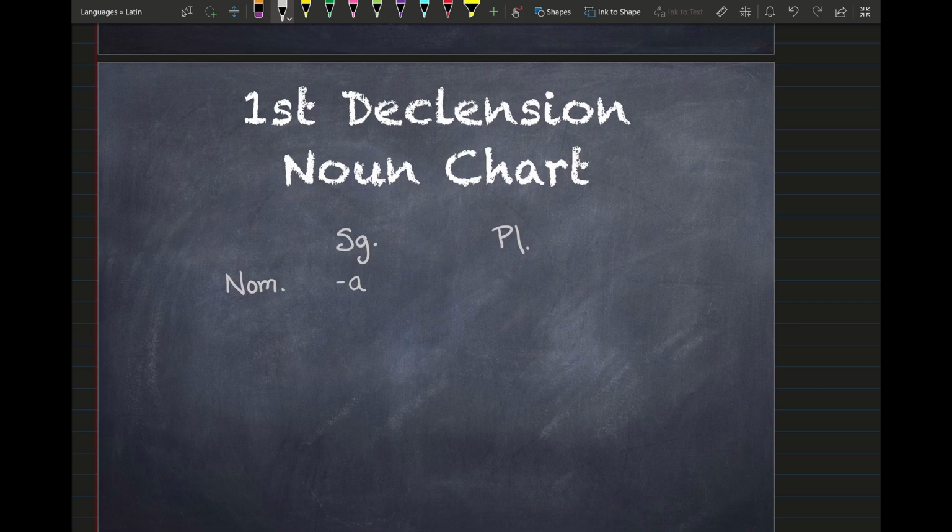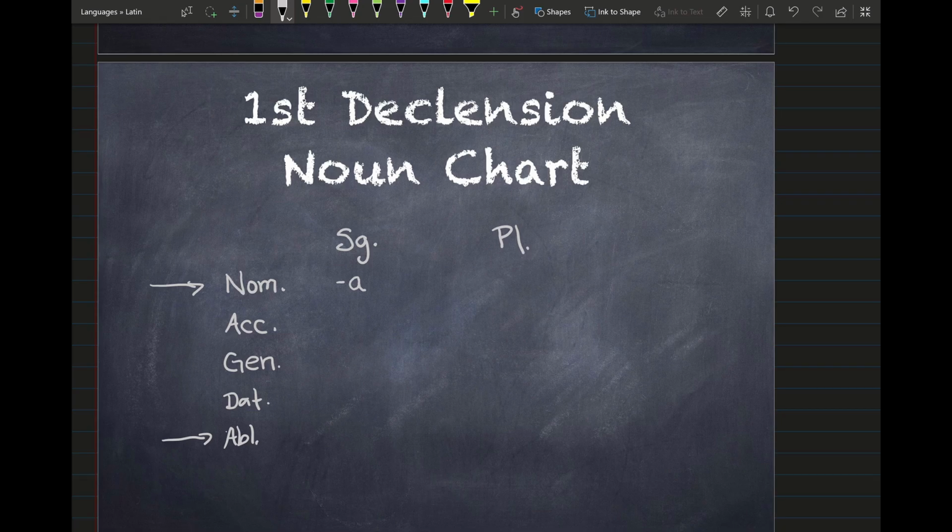So if we were to make the chart the way Orberg does it, it appears as follows. So the ones we're concerned with, again, are ablative and nominative. These others in the middle will be discussed later.